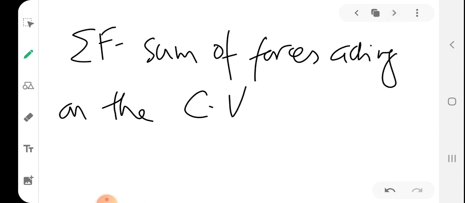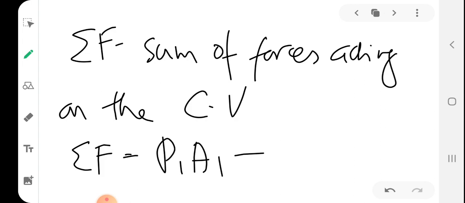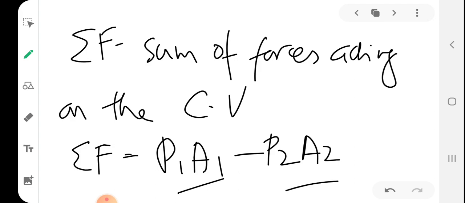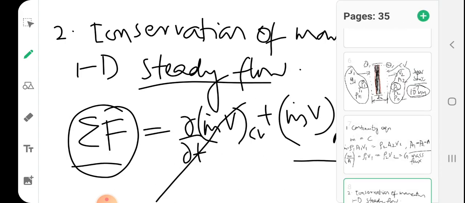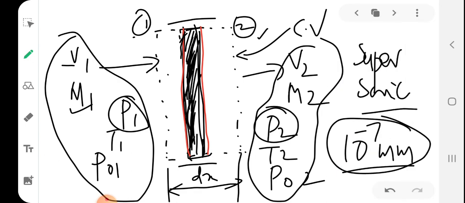So I will write sigma f is nothing but P1A1 minus P2A2. Okay, they both are acting in opposite directions. That is why one is positive and the other is negative. Why? So if P1A1 is acting like this, P2A2 will be acting in the opposite direction. They will try to compress that particular control volume, that particular straw.